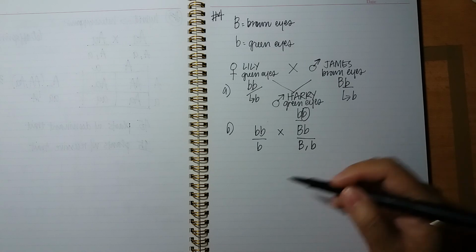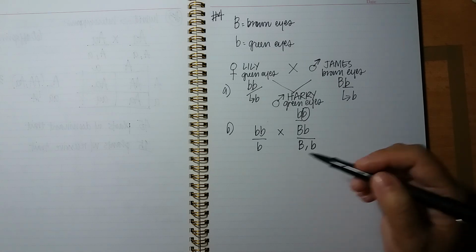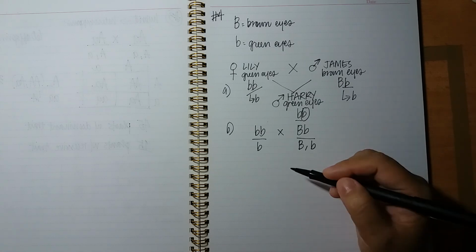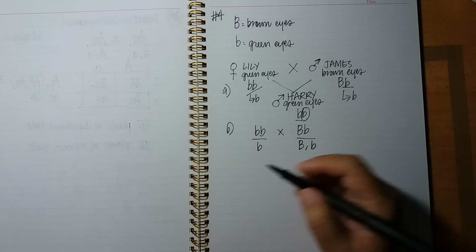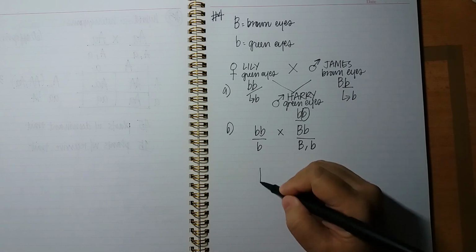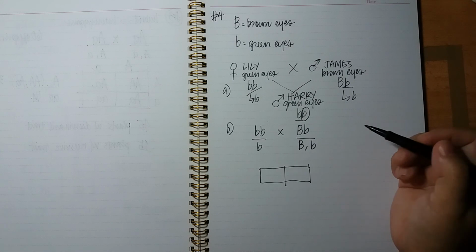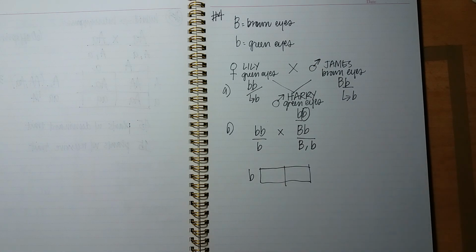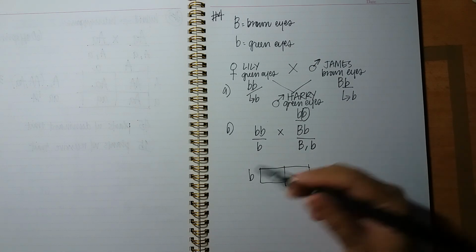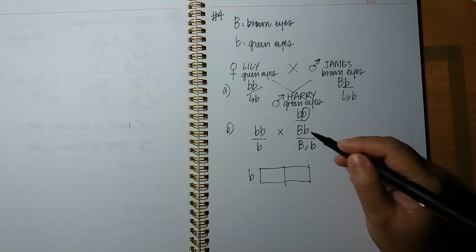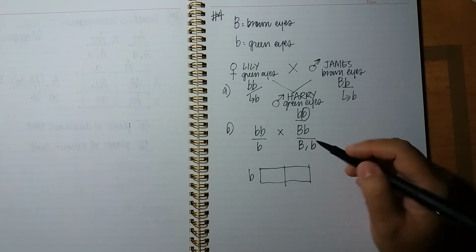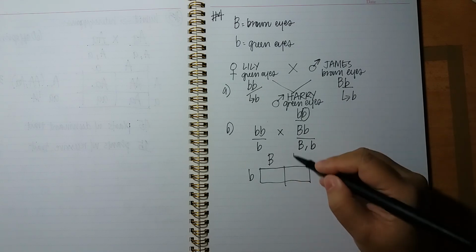Gawin ko yung shortcut, ha, in case hindi nyo pa na-encounter to. Hindi siya necessarily dapat na square. Okay? So, kung si Lily ay isang kind lang ng gamit ang pinoproduce niya, small b, pwede namang yun lang ang isulat nyo. So, you don't need to repeat it here. Okay? And then, James naman has two kinds of gametes produced. So, big B and small b.